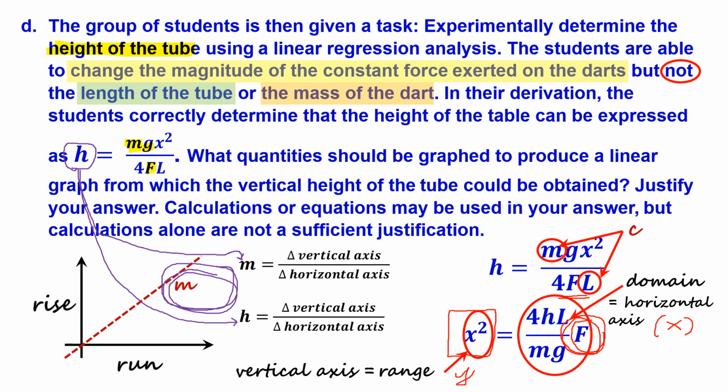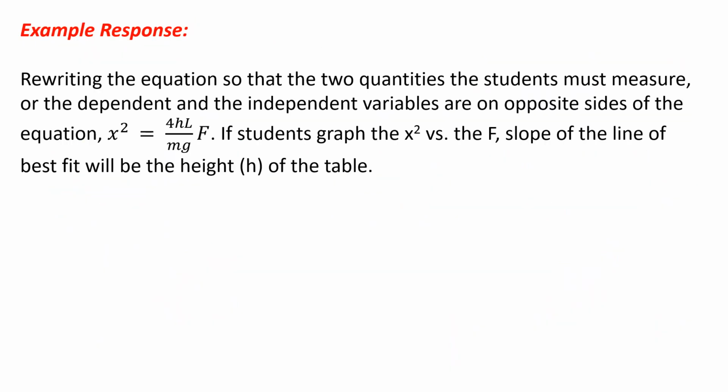On the next slide, it's a cohesive paragraph. Let's explain why x squared is the dependent and F is the independent. So let's take a look. Next slide. So rewriting the equation, the two quantities the student must measure. You're measuring two quantities. The dependent and independent variables are on opposite sides of the equation.